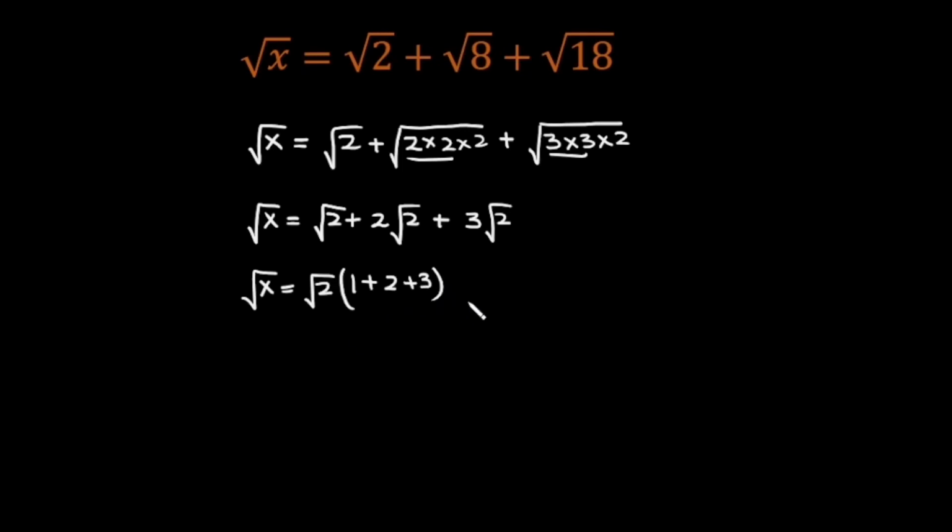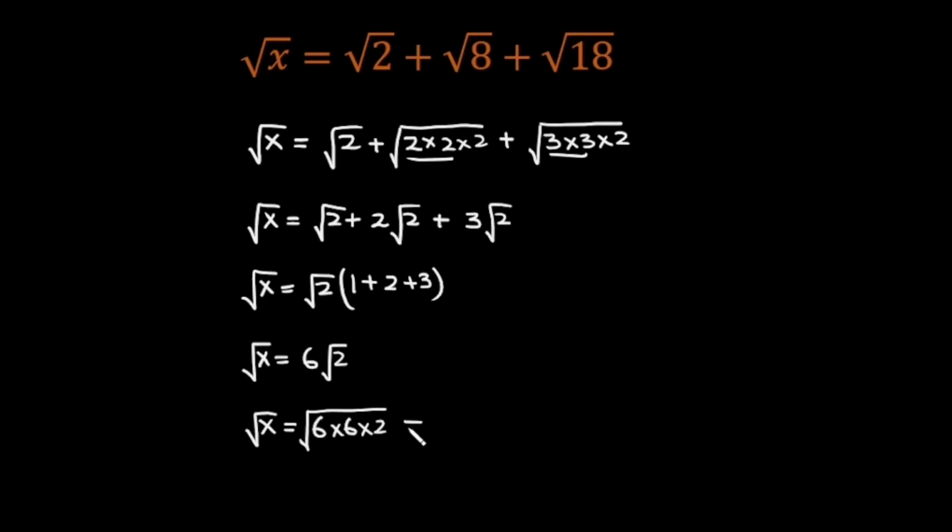So this is further equal to √x. This is 3 plus 2, 5, 6, 6√2. So this is further equal to √x. So if I take this 6 inside the square root, so this will be √(6 times 6 times 2).